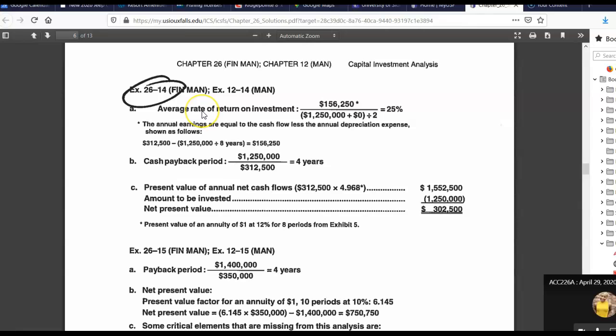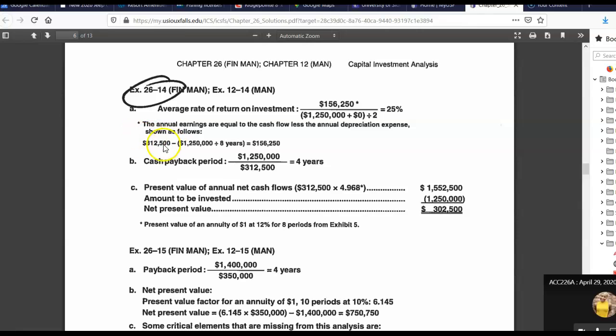Letter A, what's the average rate of return? Remember, rate of return is based on income. So how much depreciation is there? Well, it's a $1,250,000 cost with an 8-year life. So 1,250,000 divided by 8 is 156,250 in depreciation.